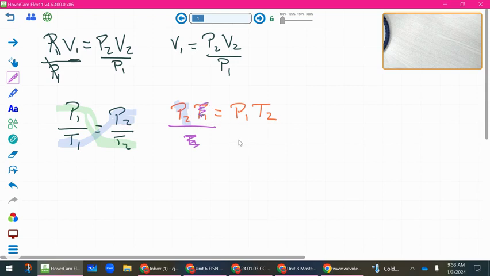But what I do to one side of an equation, I have to do to the other. So now P2 is equal to P1 times T2 over T1. All that is math, ladies and gentlemen. That's all that is.